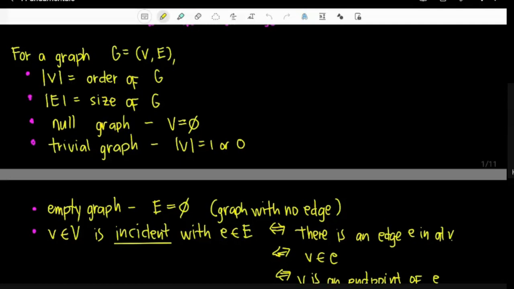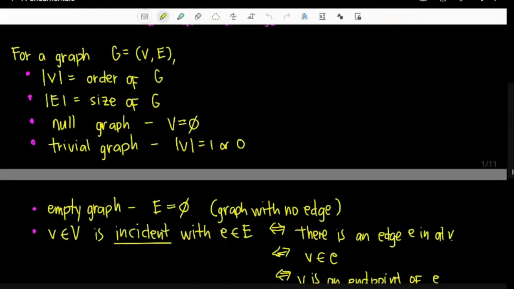A null graph is a trivial graph na walang vertices. So null, wala tayong pinag-uusapan. Trivial graph is a graph with either 1 or 0 vertices. Yan. So trivial yung mga graph na wala kang graph, which is a null graph, or meron kang vertex pero isa lang. So wala kang edge. Now, in general, pag walang edge pero maraming vertex, that's an empty graph.